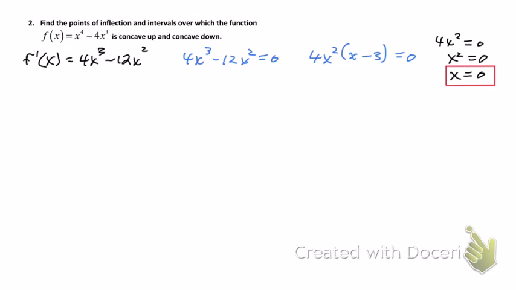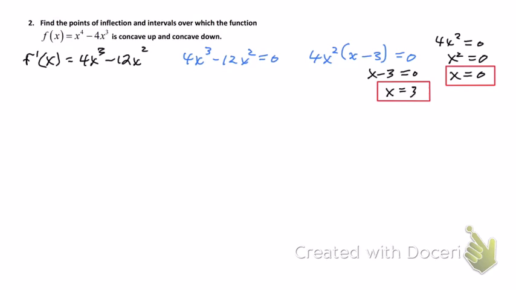There's one of our critical numbers for the first derivative. Now, we don't need it. This problem didn't ask us for it, but I just want to make sure that we know how to get them. And I do the same thing for the x minus 3. So we have two critical numbers for the first derivative. Again, overkill for what the problem's asking us.